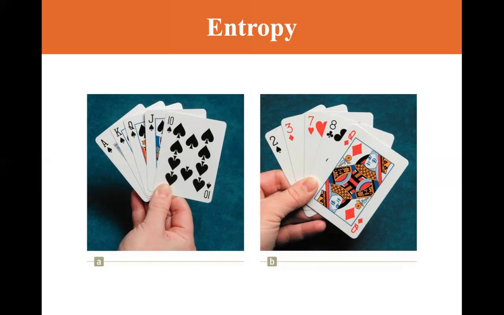On the right side is a particular hand called a worthless hand. It doesn't have any value in a 5-card poker hand. Now the likelihood of drawing the royal flush of all spades is very low probability, but the probability of getting a worthless hand is very high.